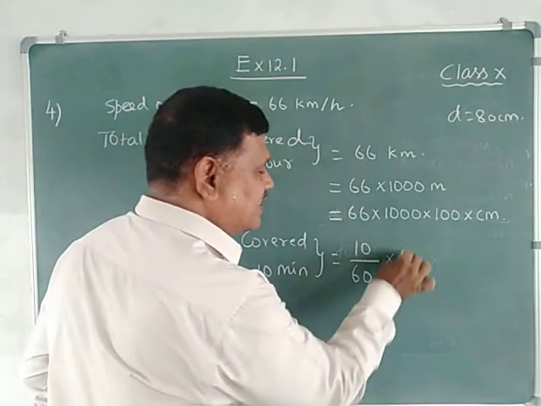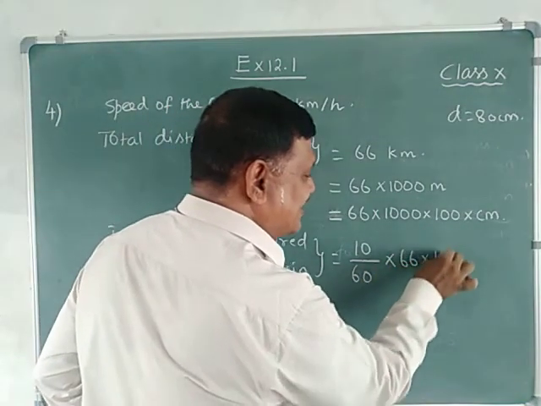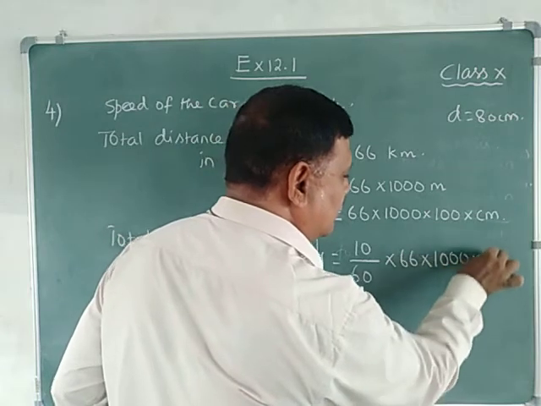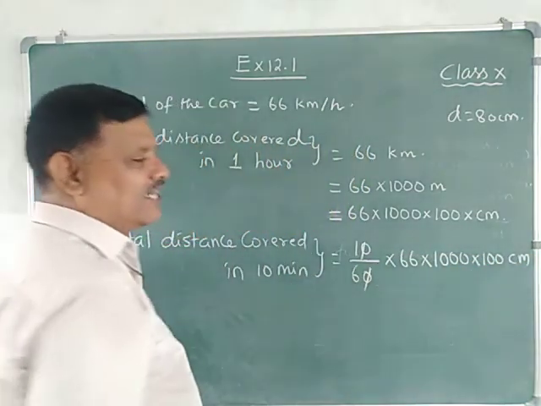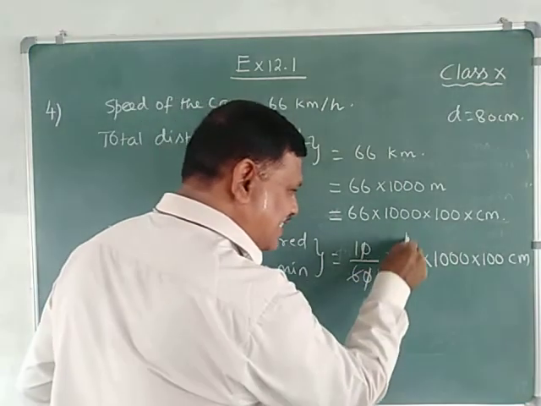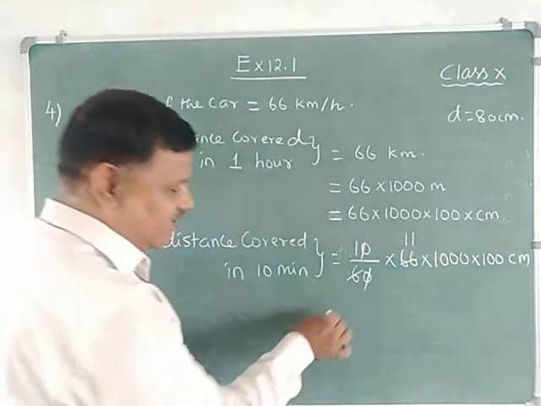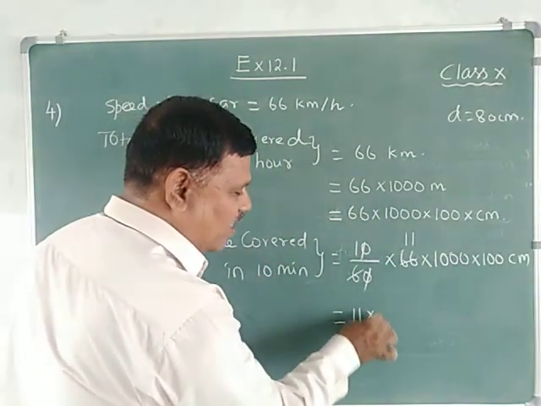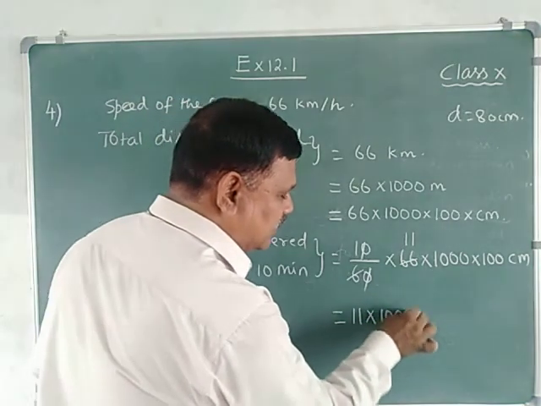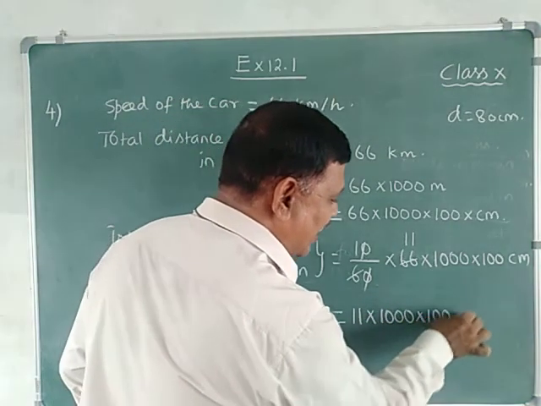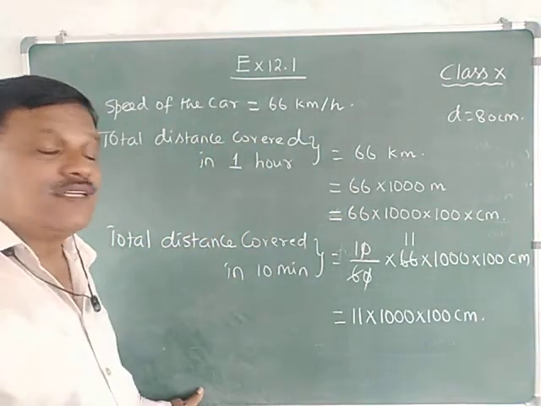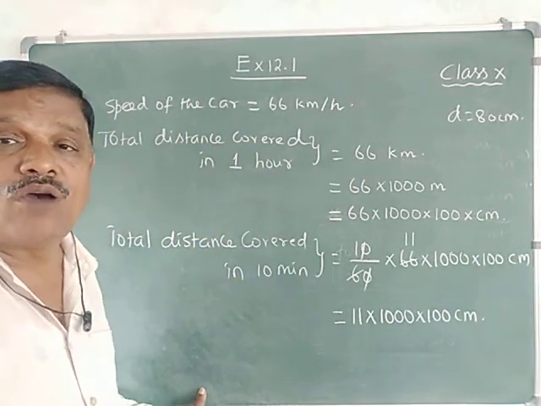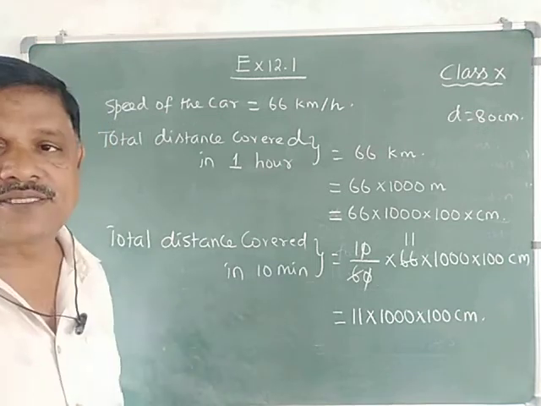So 10 by 60 into 66 into 1000 into 100 centimeter. Now 0 gets cancelled and 6 cancels 66 for 11 times. So we have 11 into 1000 into 100 centimeter. Now this is the distance covered in how many minutes? 10 minutes. Okay.